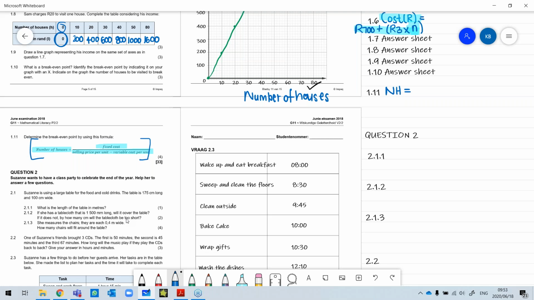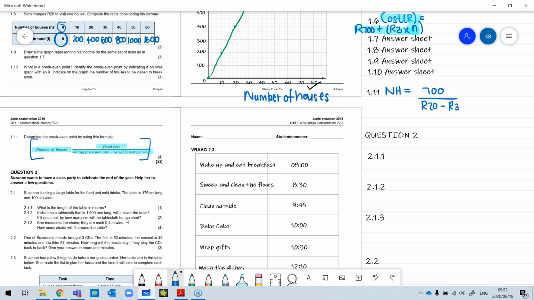Then we have our fixed cost of 700 Rand. Then at the bottom, we have our selling price per unit, which is, let me just look, 20 Rand. And our variable cost per unit is 3 Rand.